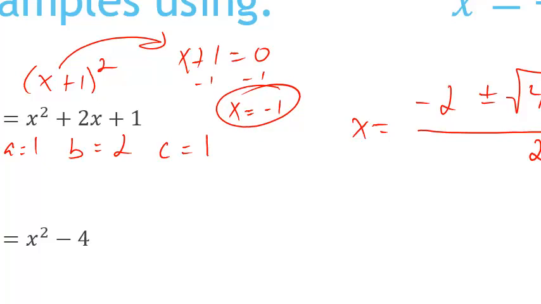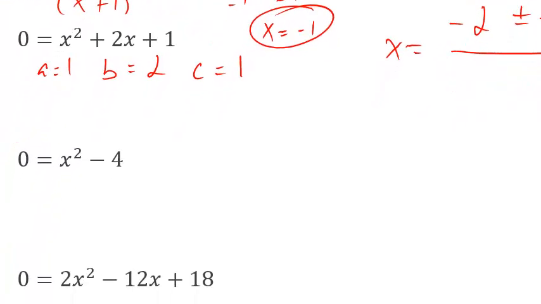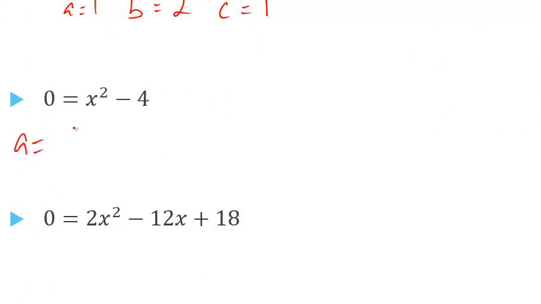So now let's focus on our second one. 0 equals x squared minus 4. So a equals 1, b equals 0, since there's no bx, there's nothing there, and then c equals negative 4. Okay, so now let us plug it into our equation.